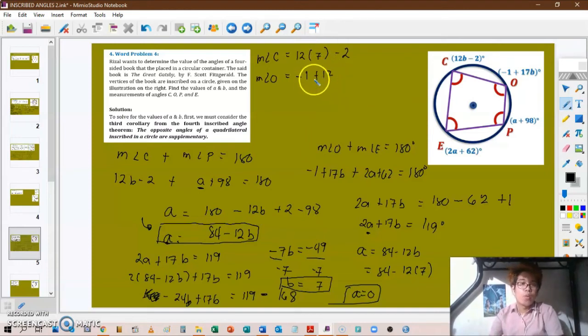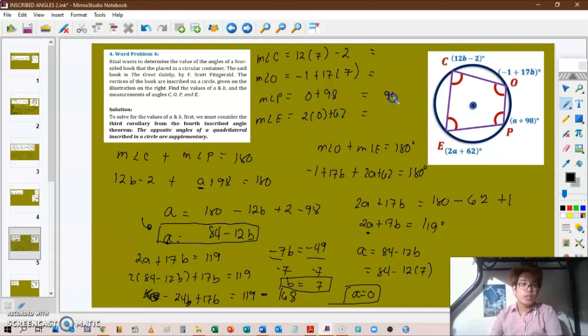The measurement of angle P is going to be equal to A, which is 0, plus 98 degrees. And lastly, the measurement of angle E is 2 times 0 plus 62 degrees.